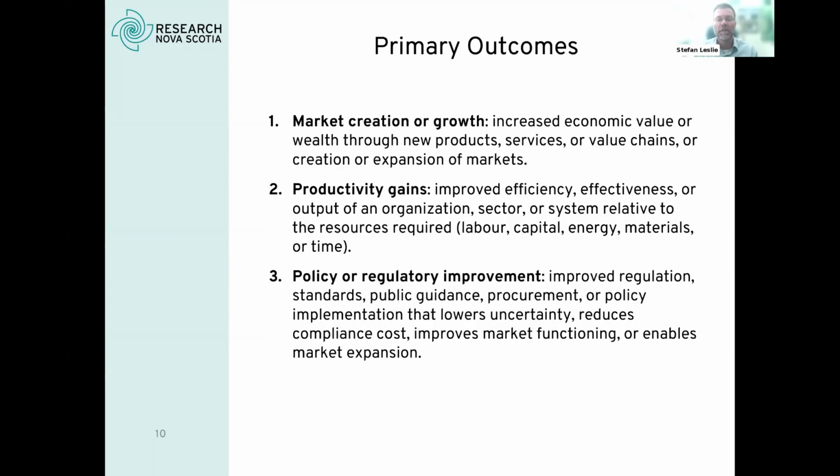So this is different from simply saying there is work that would inform better policy in such and such an area. This needs to draw attention to how the work fits into the policy or regulatory development process, public guidance, procurement policy, and so on, so that you can see those effects that would come from market creation or productivity gains.